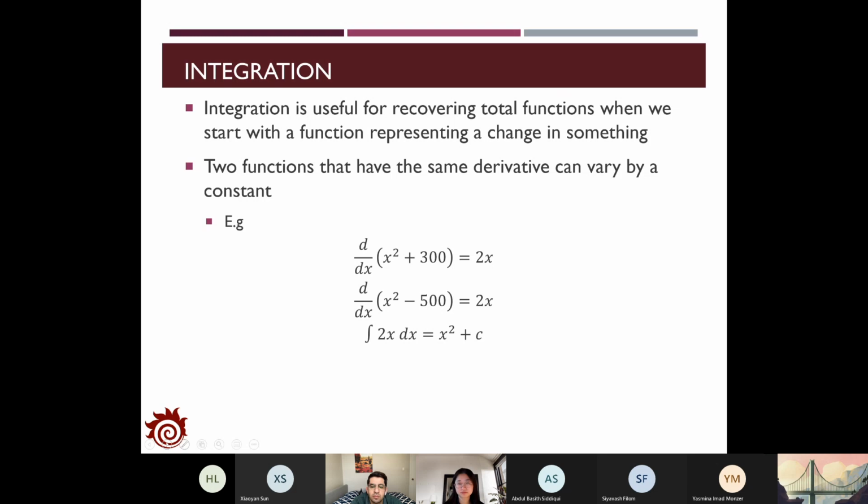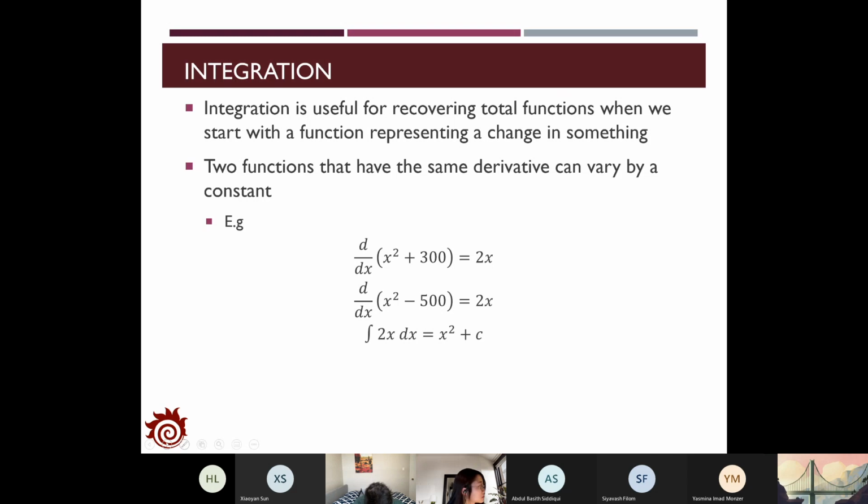Usually in math, integration is very useful when we want to find the total change in the output if we have changes in some variables. For integration, functions may have very different formulas, but their derivatives could be the same.